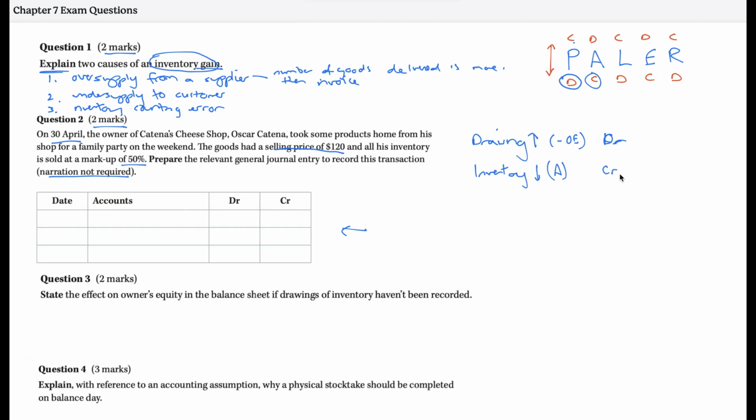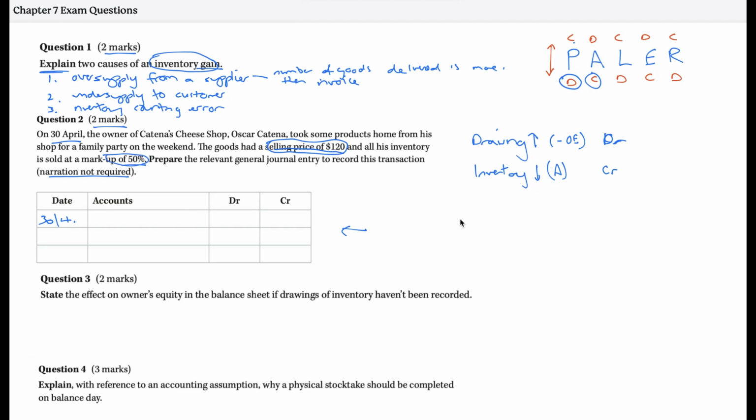Now the hard bit here is we know the general ledgers, so we know the date, the 30th of April. We know our general ledgers, which we'll put in a second, but what is our number? We have a rule of inventory that we always record inventory at its cost price, but we've been given the selling price and the markup of 50%.